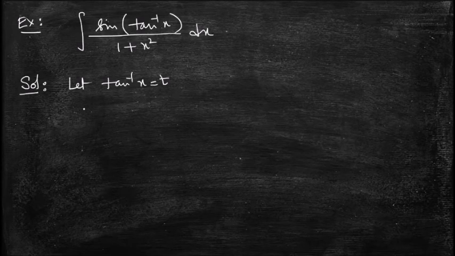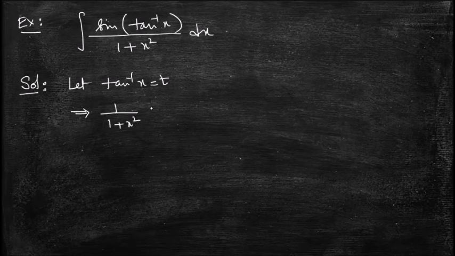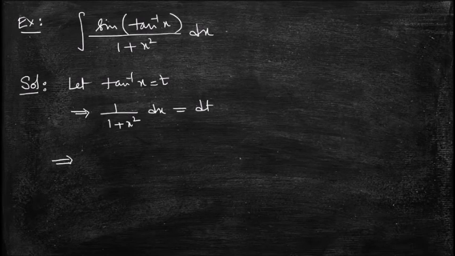Now differentiating tan inverse x, what is tan inverse x differentiation? 1 by 1 plus x square dx. So 1 by 1 plus x square dx is equal to dt. Now if I look into the problem given, I am separating it for your understanding sake.